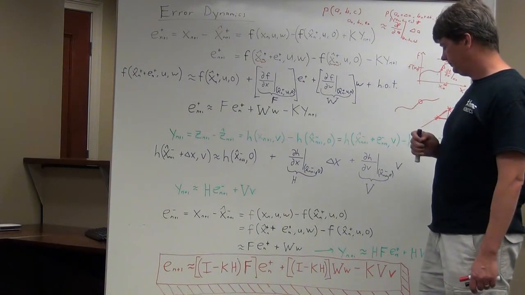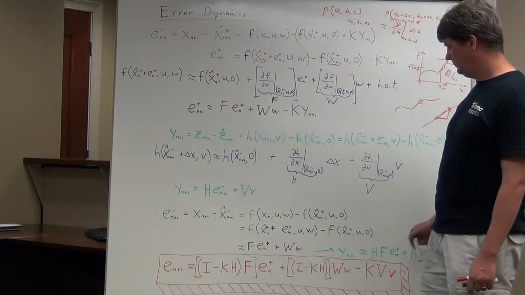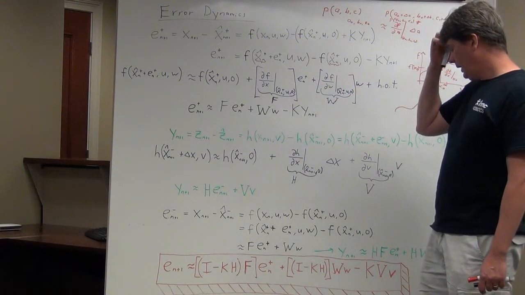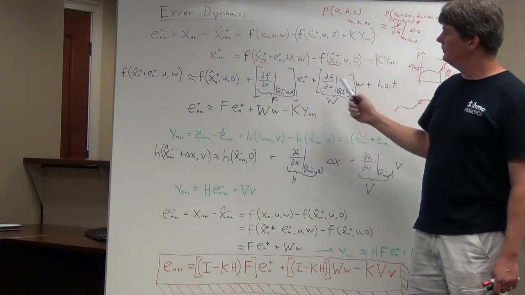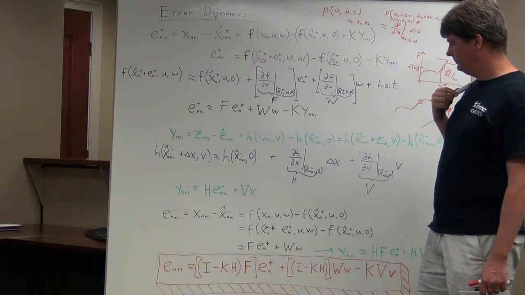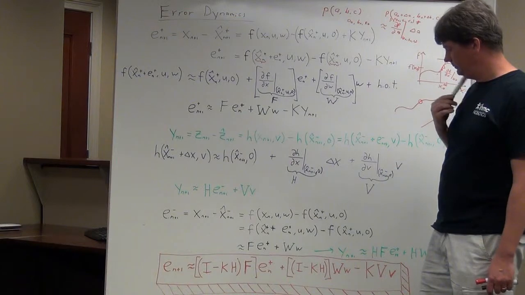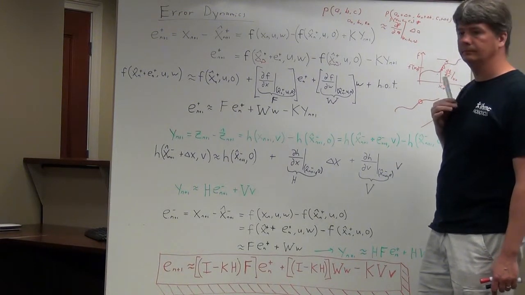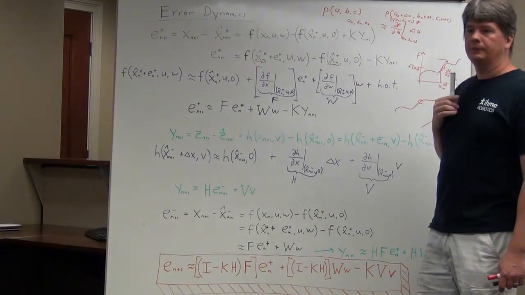But as long as you can do that, then it's all the same. And as long as the linearization of these functions f and h are close to the actual functions, then it should all just work fine. Any questions?